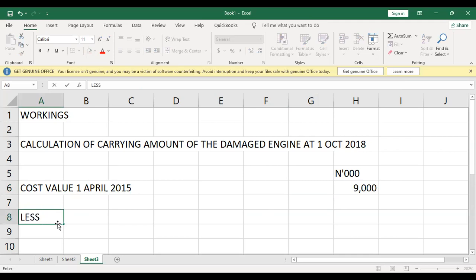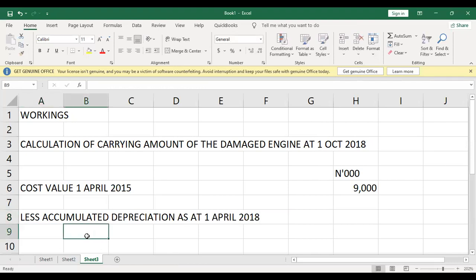Carrying amount of an asset simply means cost of the asset minus all the accumulated depreciation to that date. So from 1st April 2015 to 1st April 2018 is what we are looking at now.